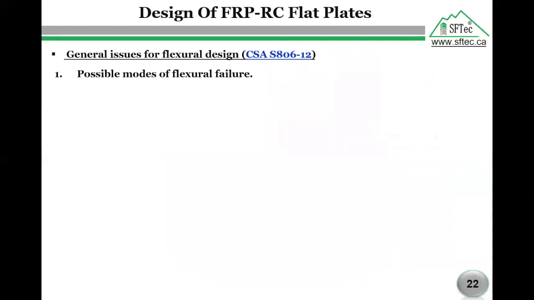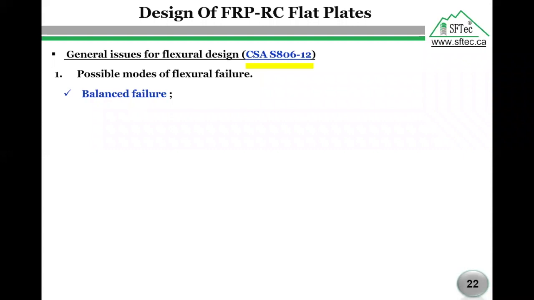There are some general issues that should be considered in the flexural design of any structural member reinforced with FRP bars. I will talk here on these issues according to the Canadian standard S806 of the year 2012. There are three possible modes of failure for a concrete section reinforced with FRP bars.